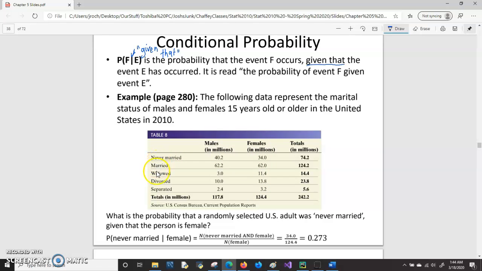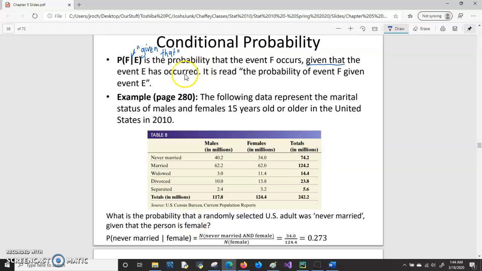This column shows the marital status. A question that we could answer from this table is, what is the probability that a randomly selected U.S. adult was never married, given that the person is female?